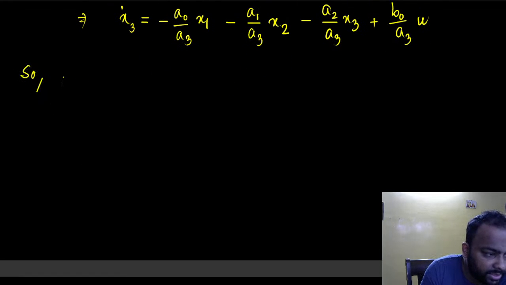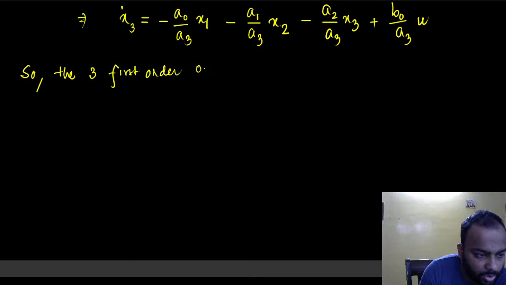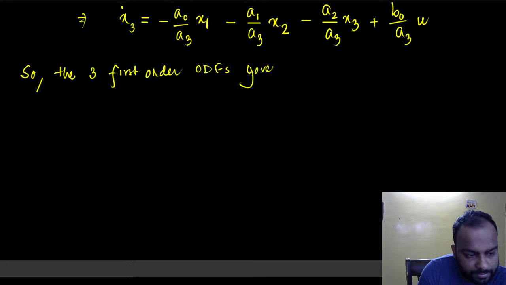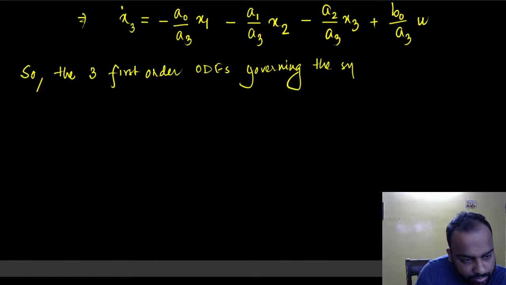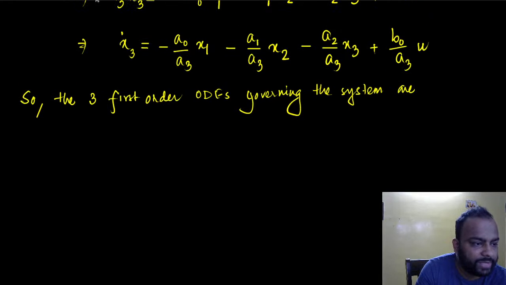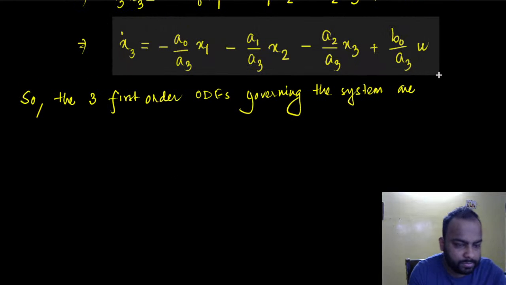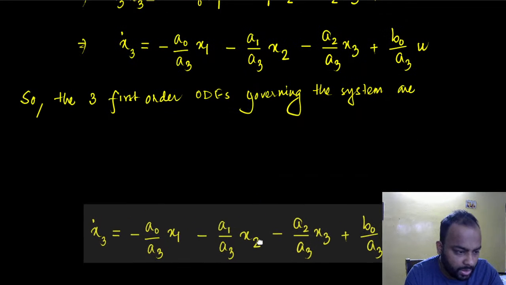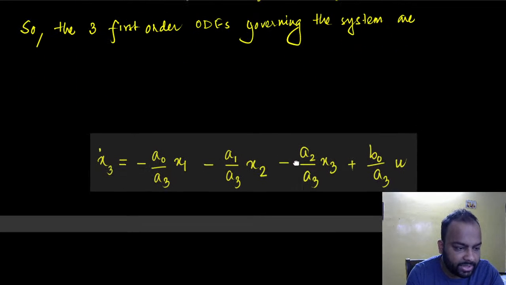So I would say the first order differential equations, the 3 first order ODEs governing the system are, so this is one of them. So this is one of the differential equations that is governing the system.